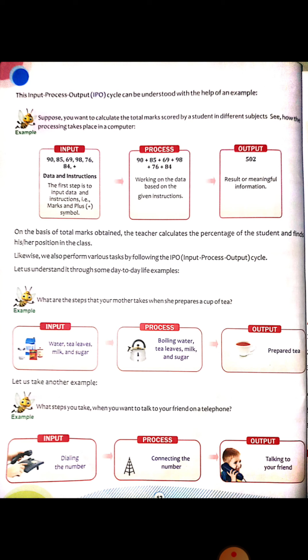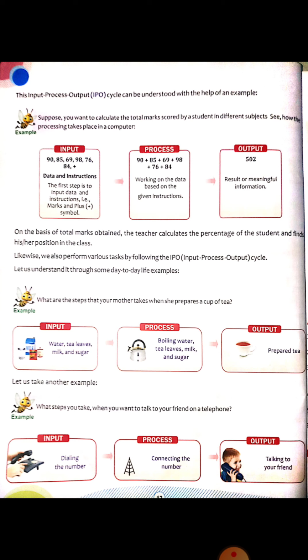In the same way, we also perform various tasks by the following IPO cycle. I means input, P means process, and O means output. And there are so many examples in our daily life also.